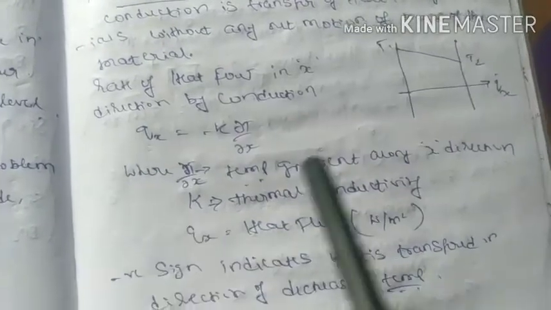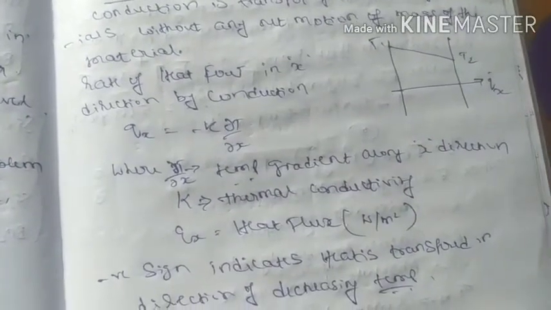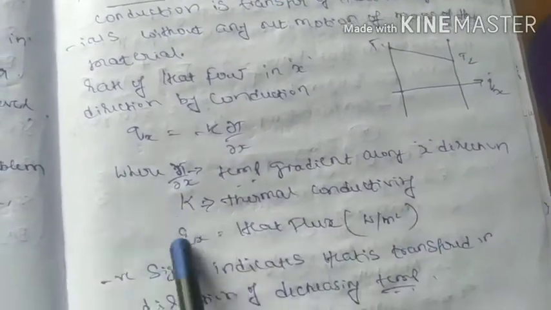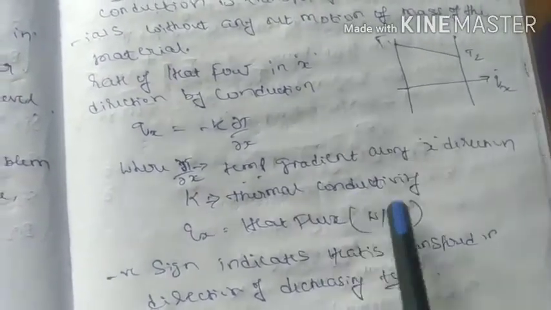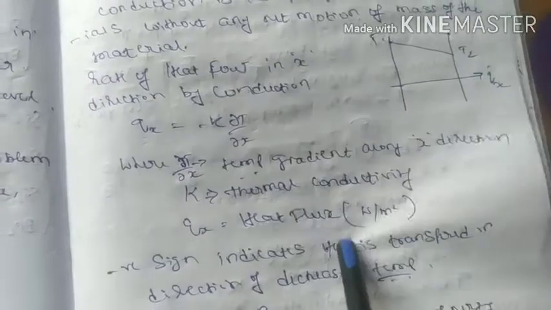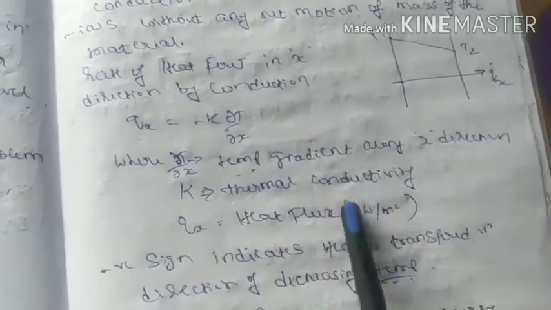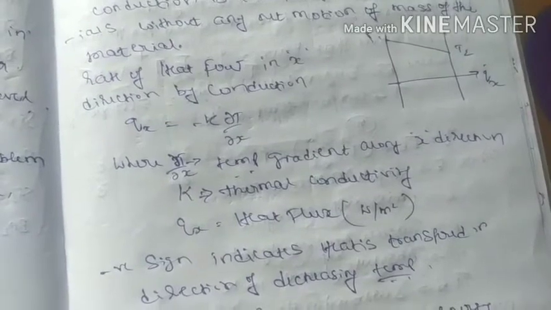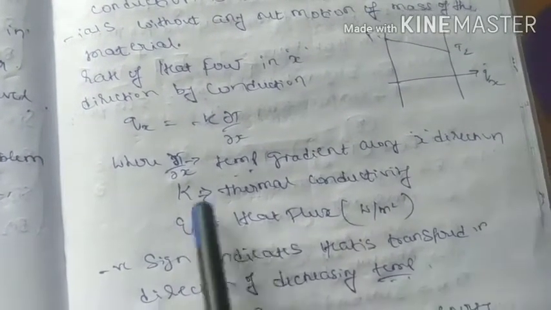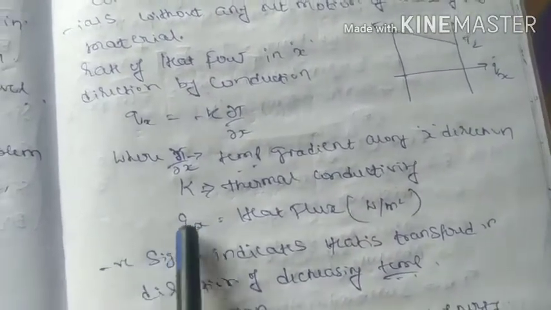The more the thermal conductivity, the more the heat transfer. Qx is the heat flux, measured in watts per meter square. Watt is the SI unit of Q, and per meter square means for every square meter of area of the system, how much heat flux or heat flow takes place.